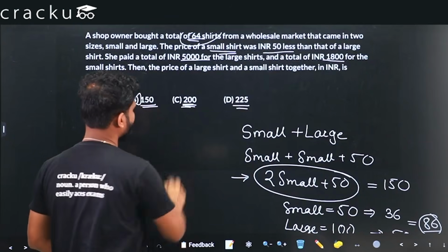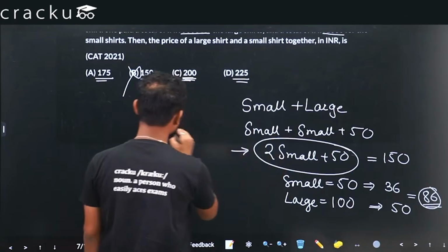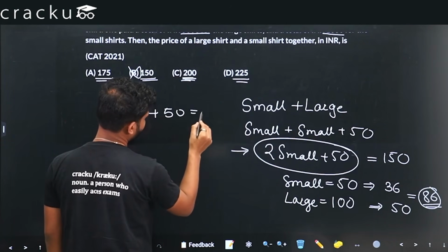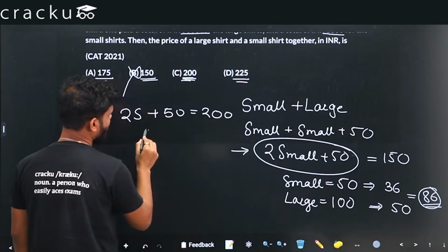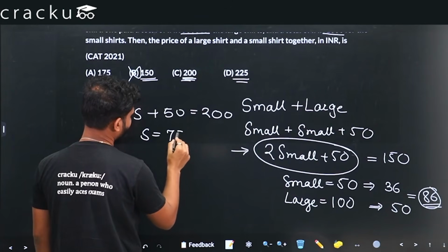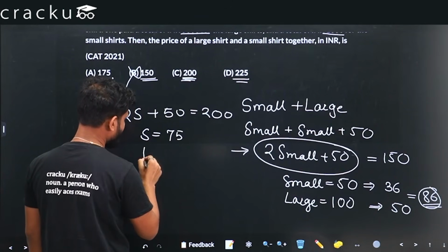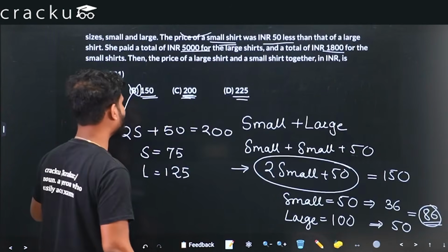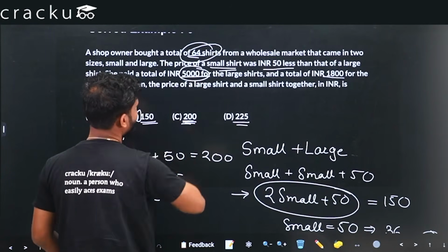Let us go for this one. So if 2 small plus 50 is equal to 200, then small comes to be 75. And small is 75, it means large is 125. Let us find out the number of large shirts. So this is 5000.